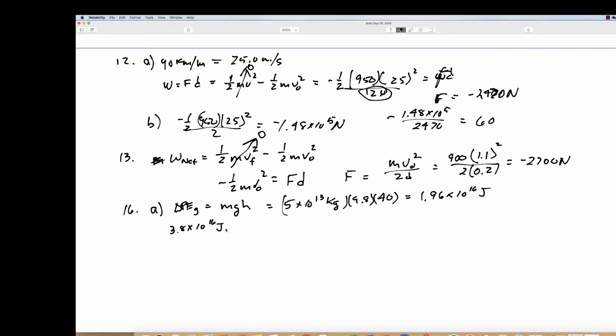And so if we put that in the denominator and put our previous 1.96 times 10 to the 16 in the numerator, we see that this energy is about 0.52 times as much as the energy of the bomb. So it's about half as much energy stored in this lake as in the bomb.